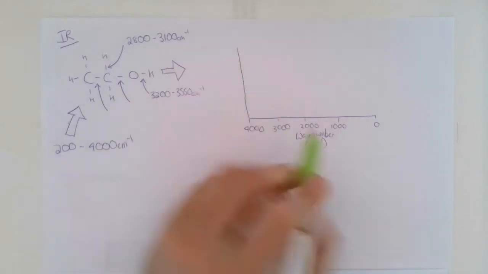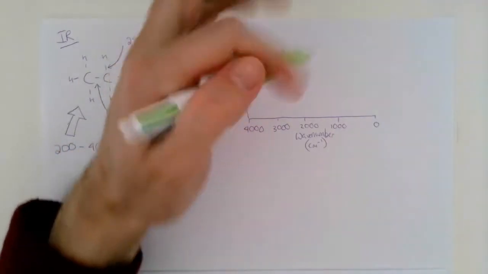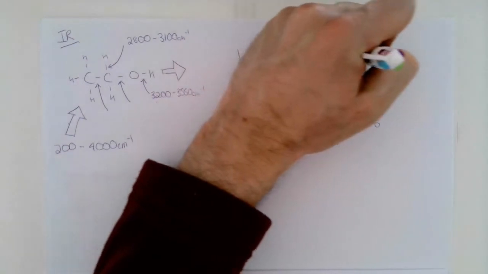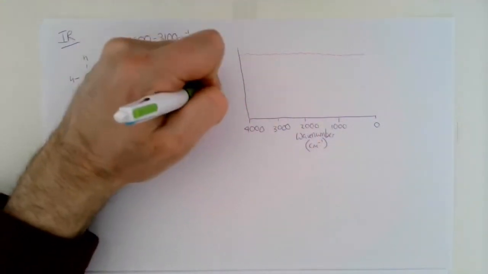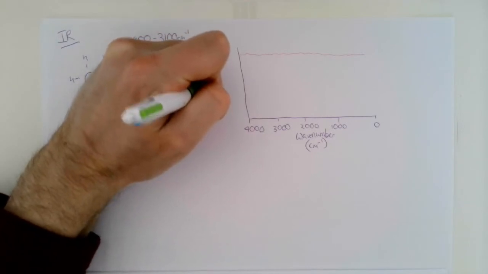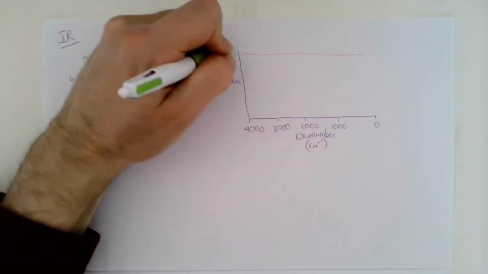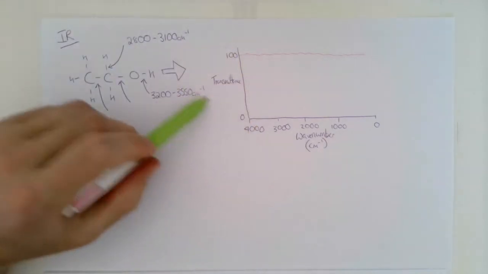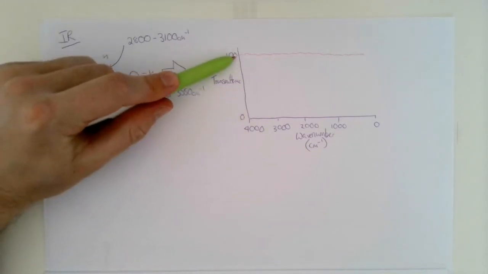That's the packet of energy that we throw at the molecule initially, in terms of intensity, or transmittance is the term. So in terms of transmittance from 100 down to 0, before we put the sample there, all those different energies are going through, so nothing's absorbing those energies.